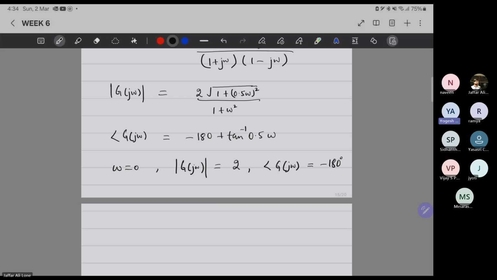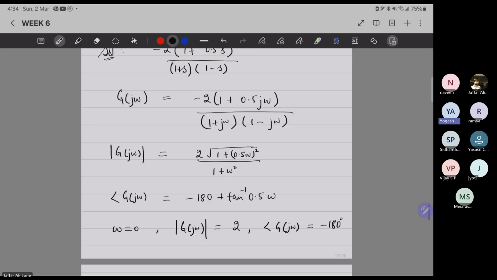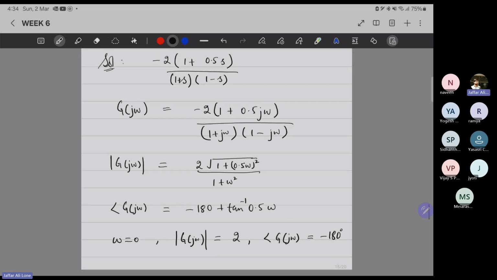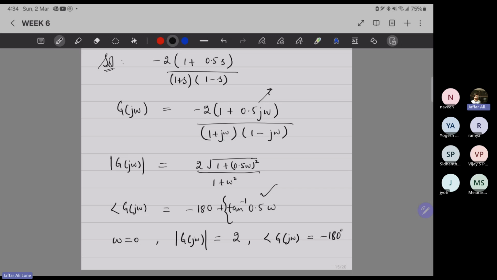So minus tan inverse of omega by 1. So you can write directly tan inverse of 0.5 omega by 1, this term, for the denominator. So the first term will be this, then the second term will be minus tan inverse of omega by 1.